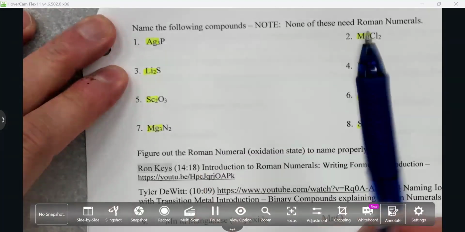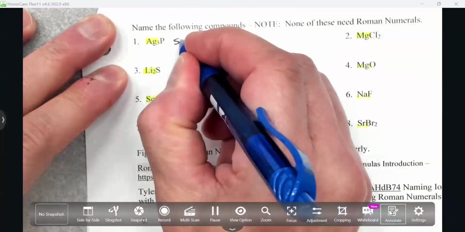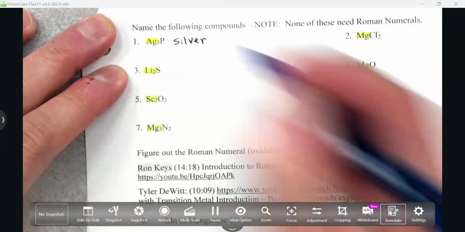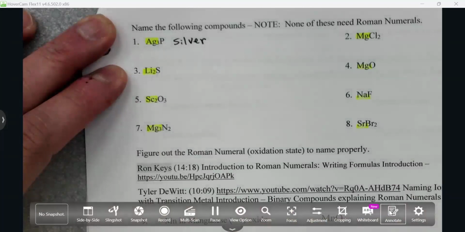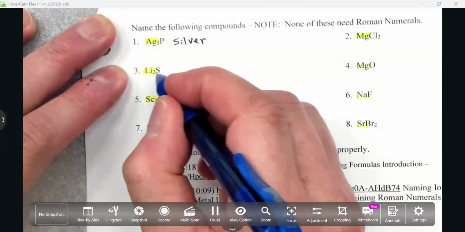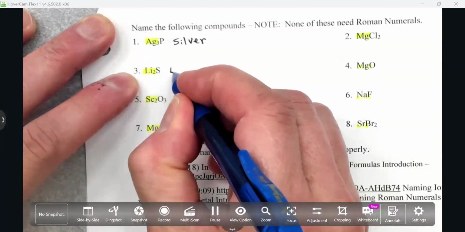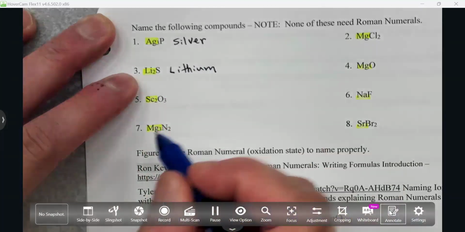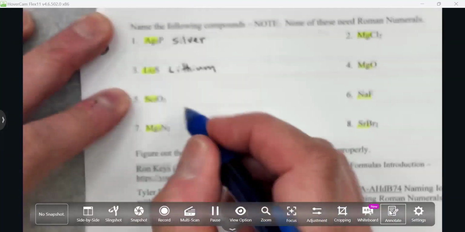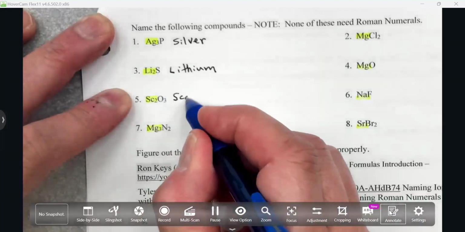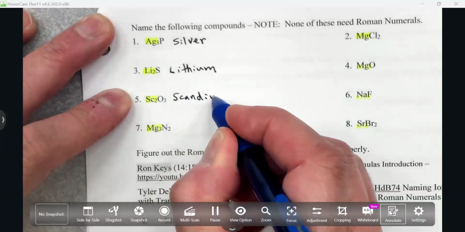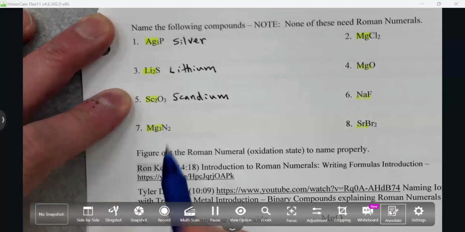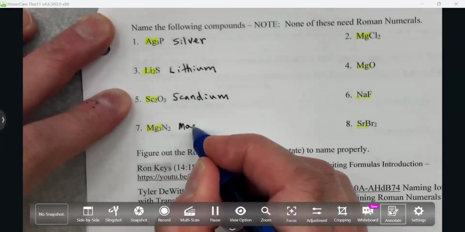Ag is silver. Li is lithium. Sc is scandium, and Mg is magnesium.